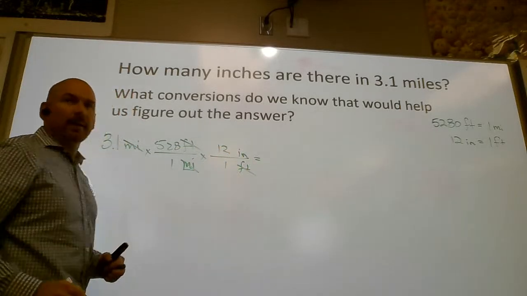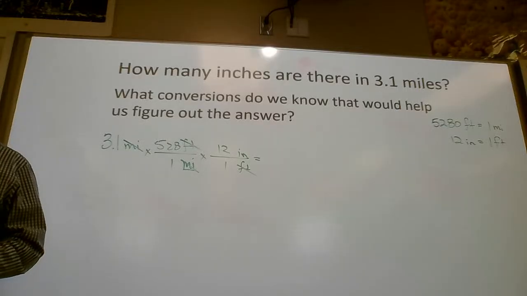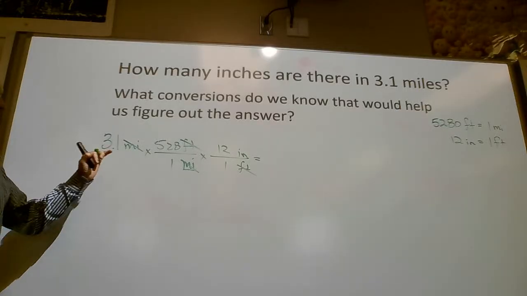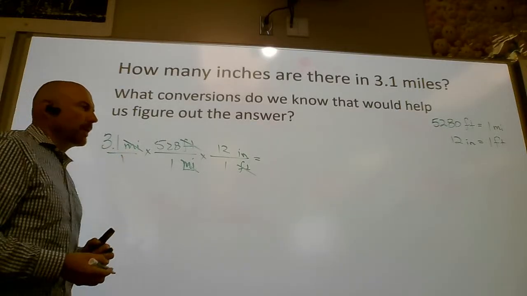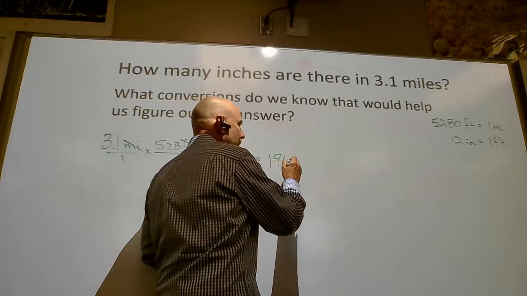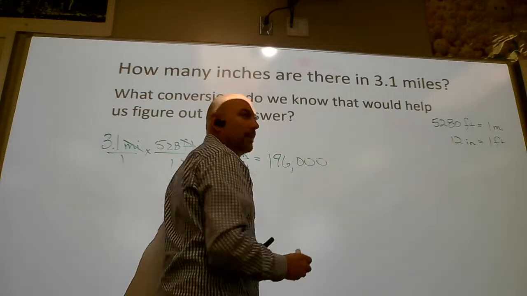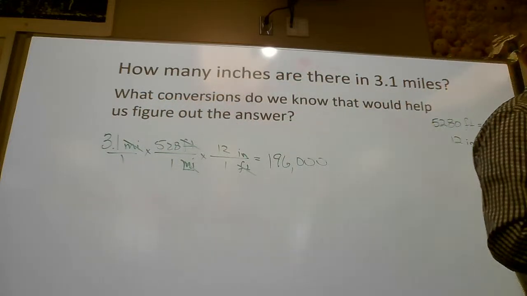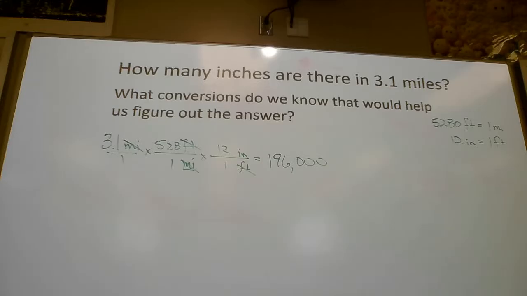You're left with a big number or small number? It's a big number. You're multiplying all this stuff. To be honest, I don't really care what the answer is. I mean, no one really. If you ever run a 5K, you're running 3.1 miles or 196,000 inches. Okay, good.